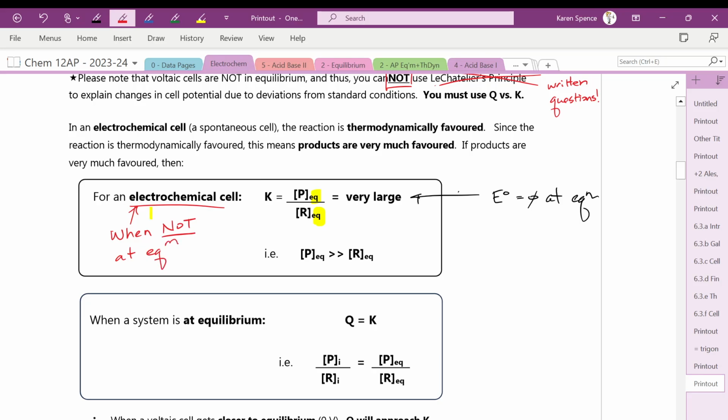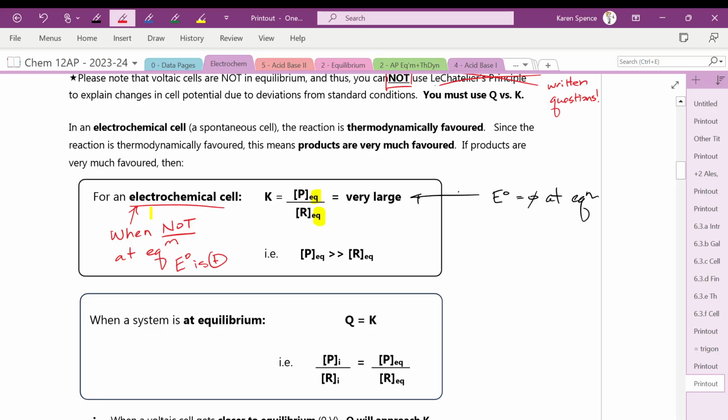Why? Because nothing's moving. We have no net motion of electrons. Does that make more sense now? I realized that I had left that hanging there, that completely confusing statement.